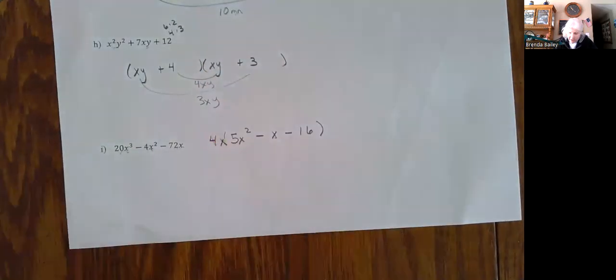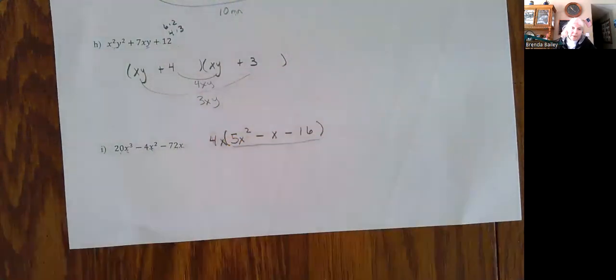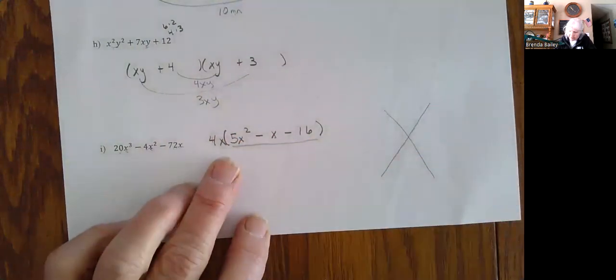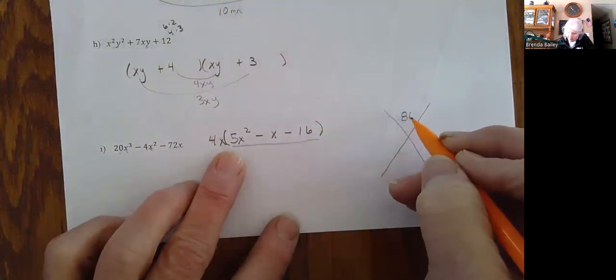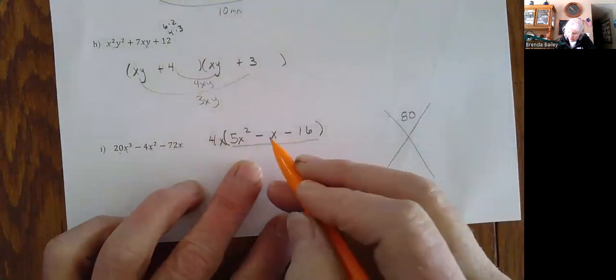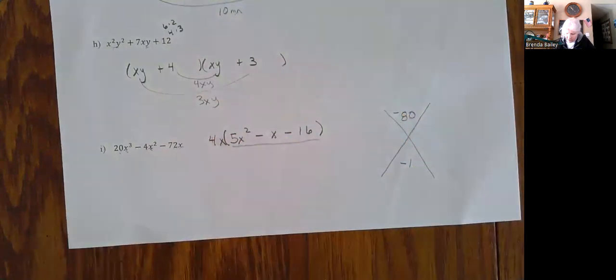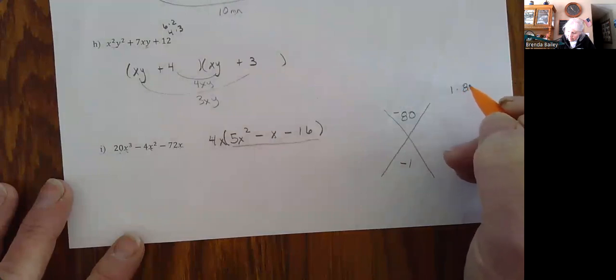Now, when you factor this right here, you could use the Xbox method if you wanted to. So 5 times 16 gives you 80. And then it'll be a -80 when you multiply them together. And then you would just start, 1 times 80.